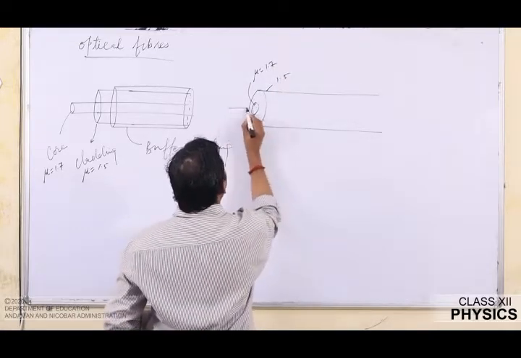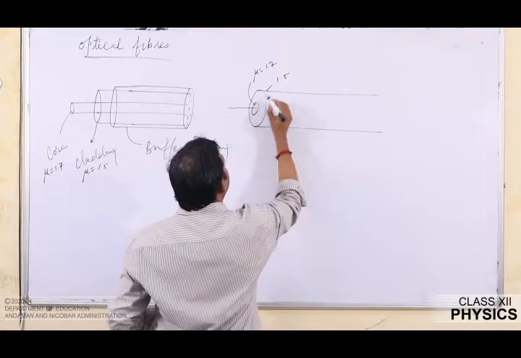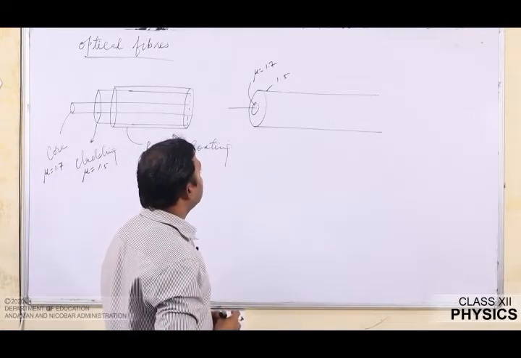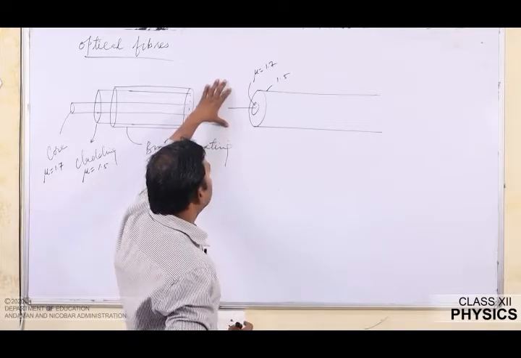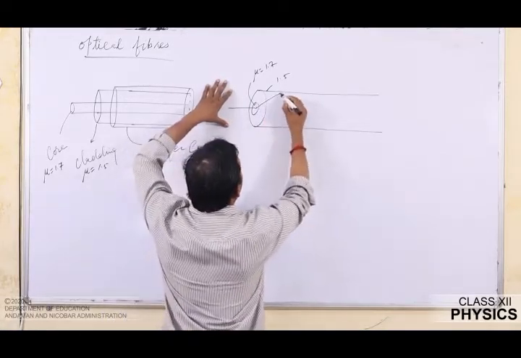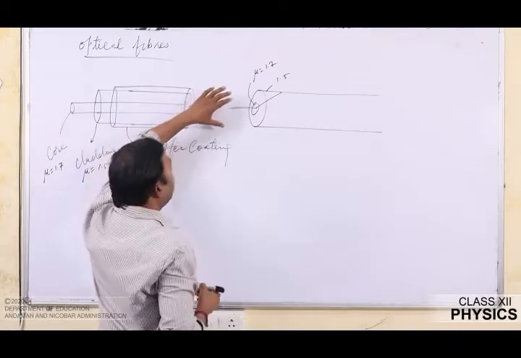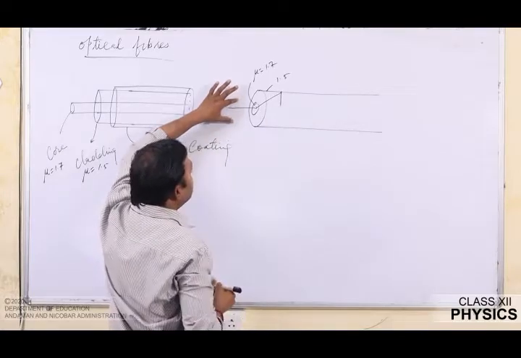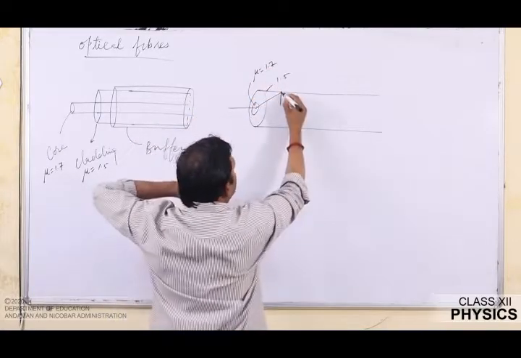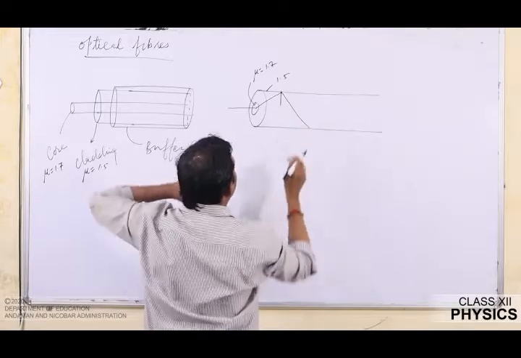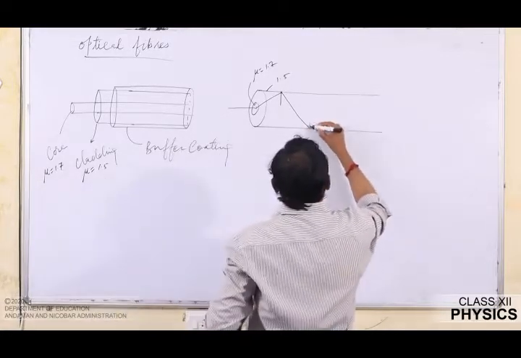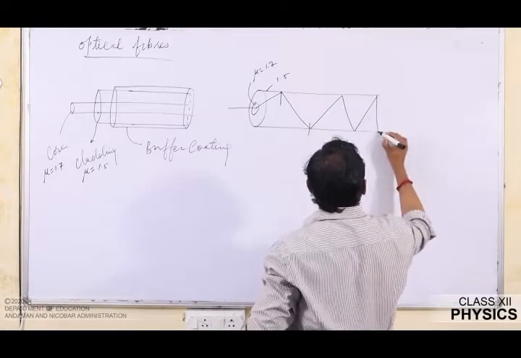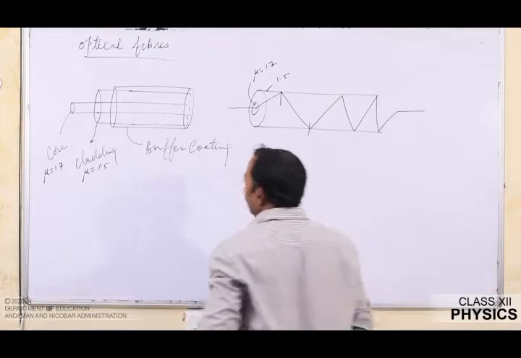When a beam of light enters here from the denser medium, it has to pass into the rarer medium if it satisfies the condition of total internal reflection, that is, whenever it strikes the cladding surface at an angle of incidence more than the critical angle, then the incident beam reflects back into the same denser medium of the core, and again total internal reflection will take place. In this way, due to total internal reflection, light will pass from one end to another end.